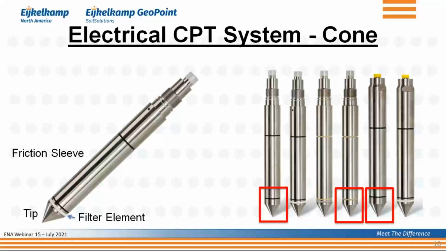We still have this O-ring in between the friction sleeve and the tip, so that the friction sleeve can move freely, but there is no filtering. So apparently there's this option between a cone with a filter element, a piezo cone, or not.